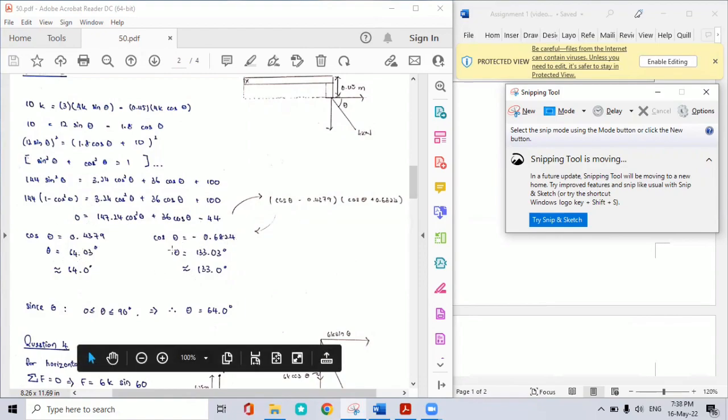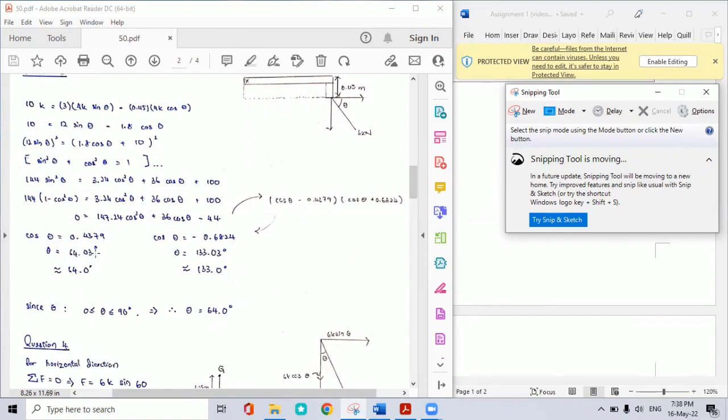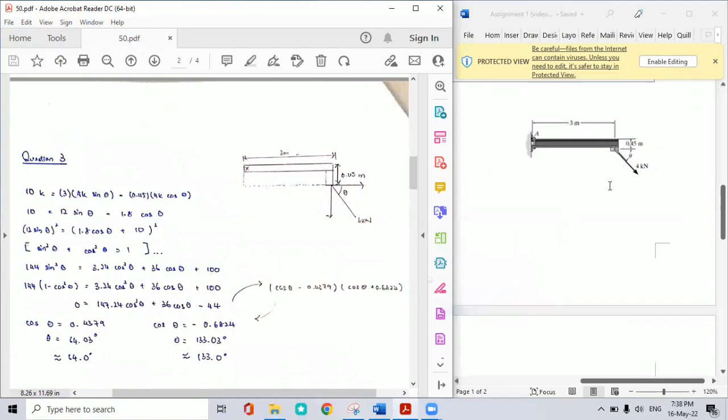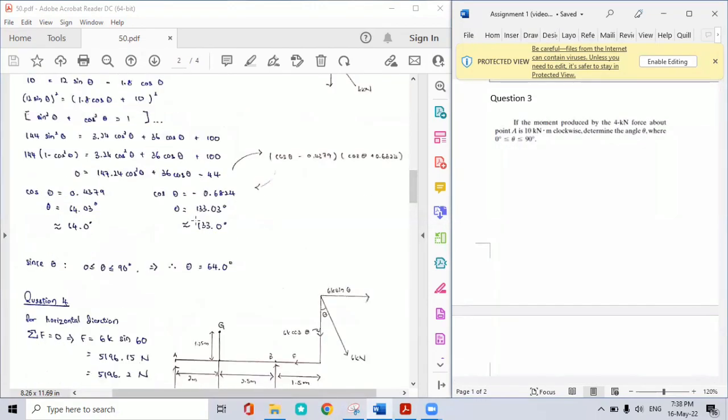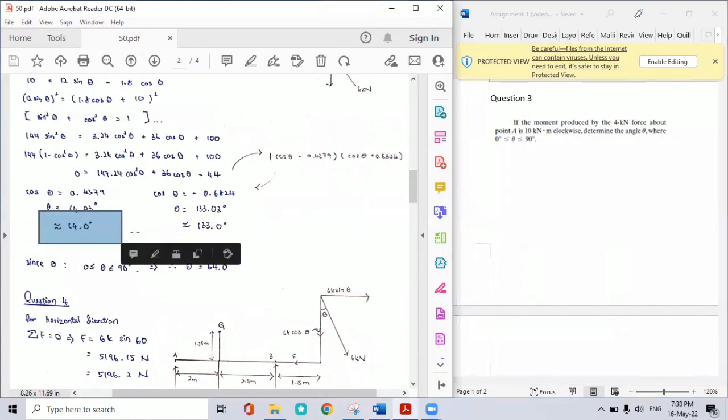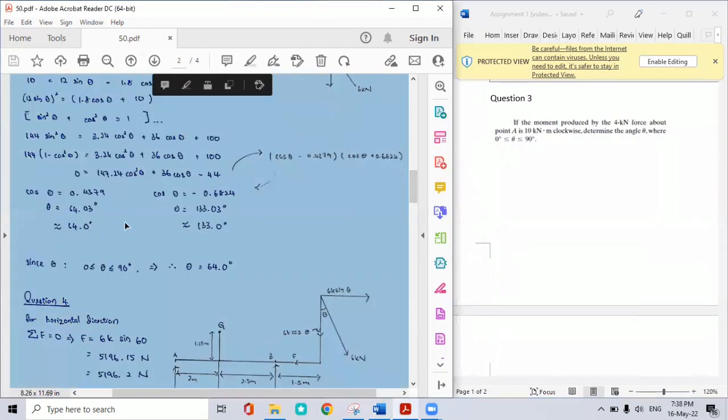And we will have two angles, the first angle is 64.03 and the second angle is 133.03. And since the question has already mentioned the angle will be only more than 0 but less than 90, the only angle that fulfills these requirements is the first angle, which is 64 degrees.